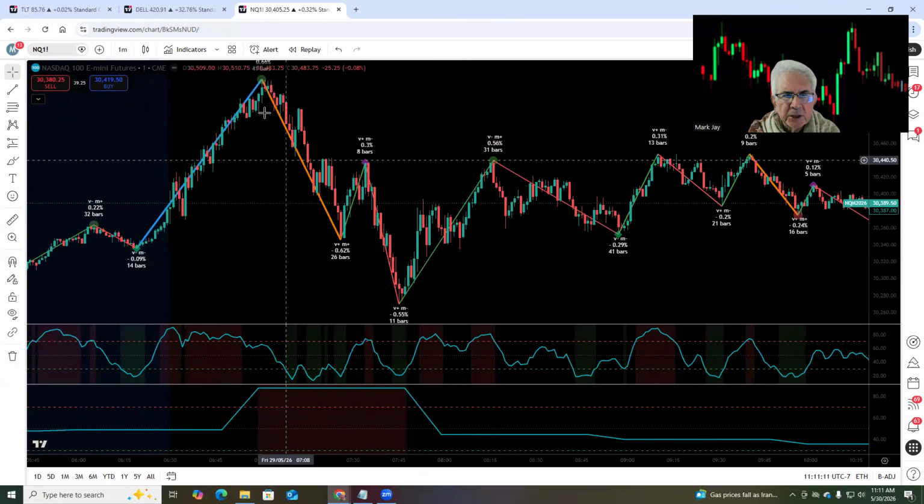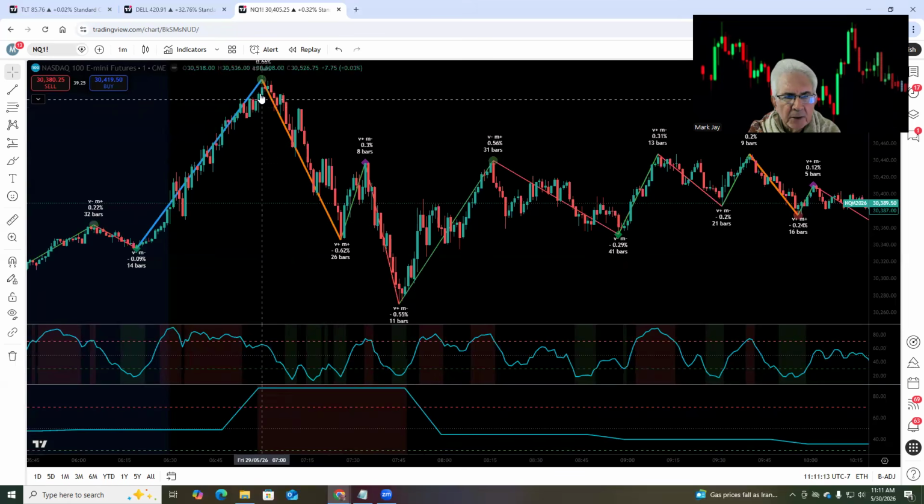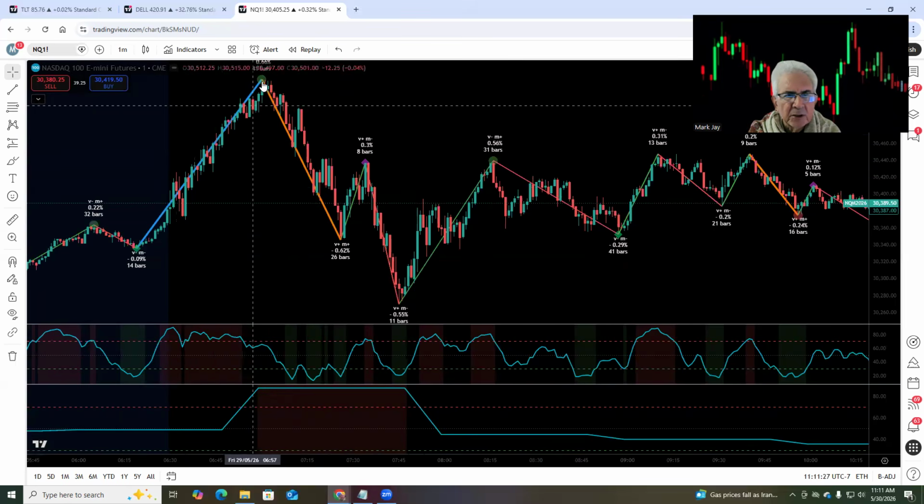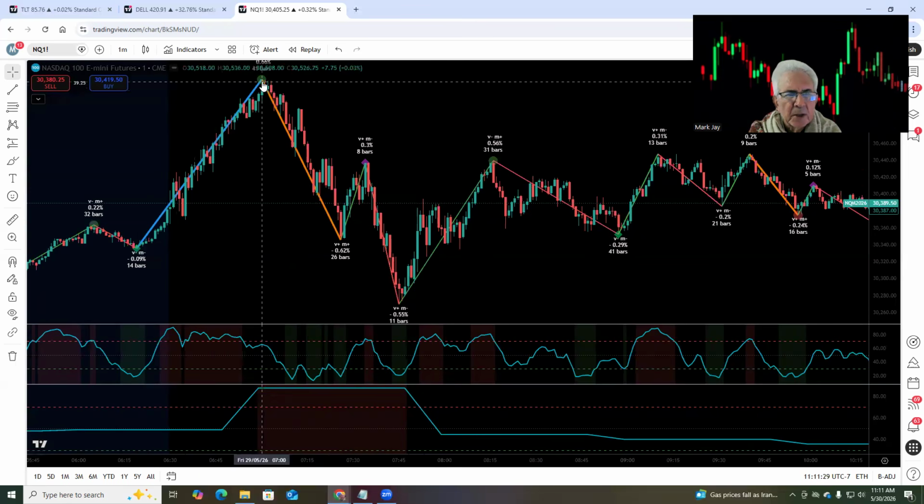So for instance, to show you, here is a trade that took place at 7 o'clock in the morning on Friday, which just happened. This is the 29th of May. This circle here is coming from an order flow signal that we didn't create.